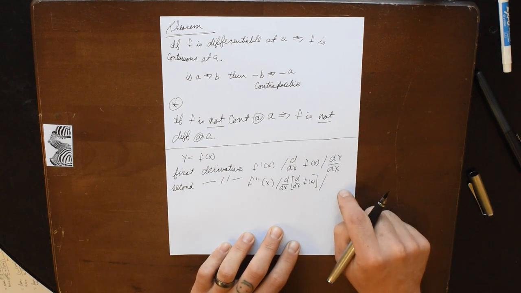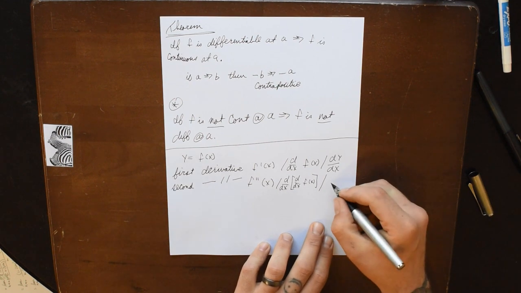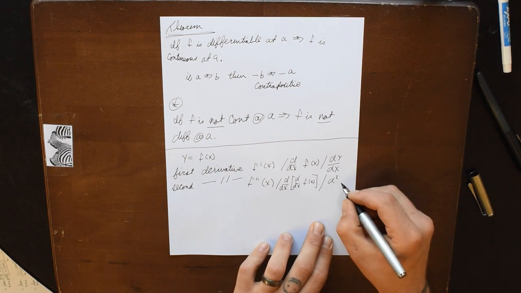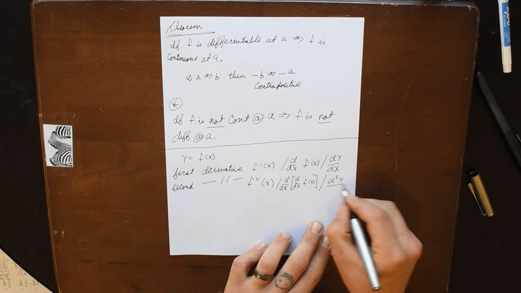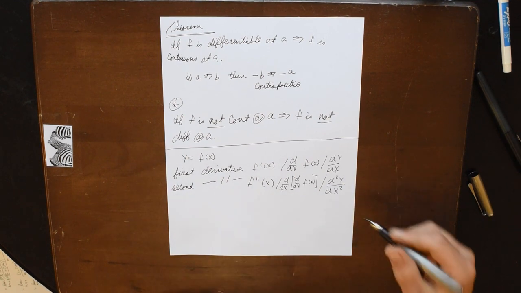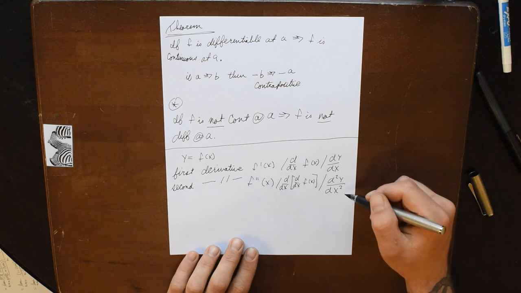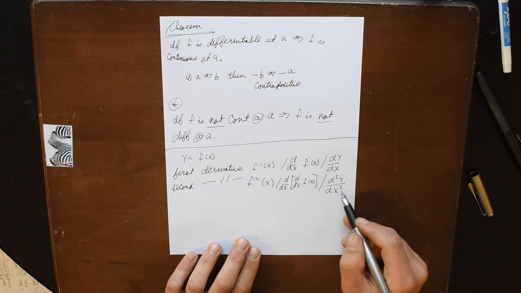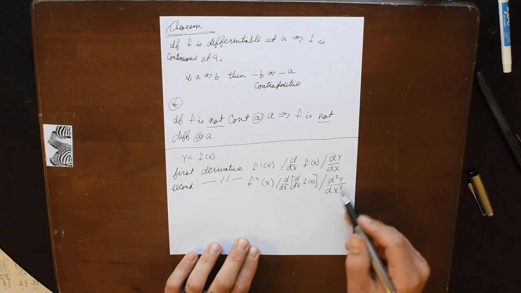Or, and watch this one over here, this is saying we took the second derivative of y with regards to x. The two jumps from what it's attached to.